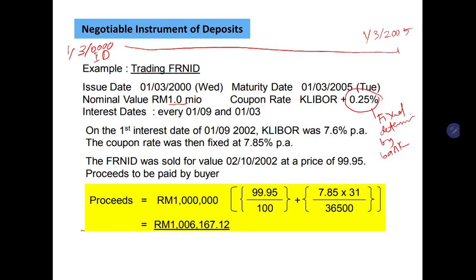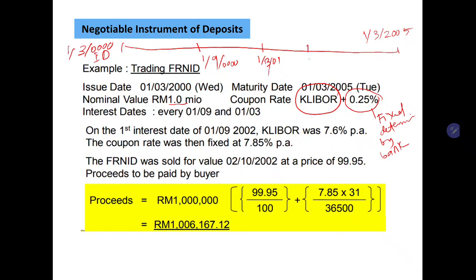Plus CLIBOR, which depends on the CLIBOR rate. The interest date is every 1st of September and every 1st of March. The issuing date is the 1st of March, so the first interest payment will be on the 1st of September 2000, and the next interest payment will be on the 1st of March 2001.